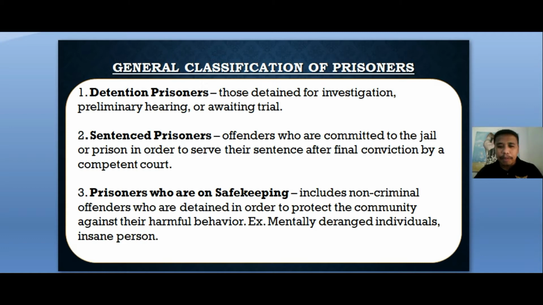But if the person is detained or put into custody to protect the community against their harmful behavior, they are called prisoners on safekeeping. An example is mentally deranged or insane persons who are put into custody.